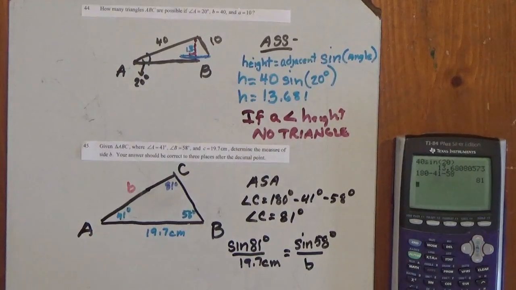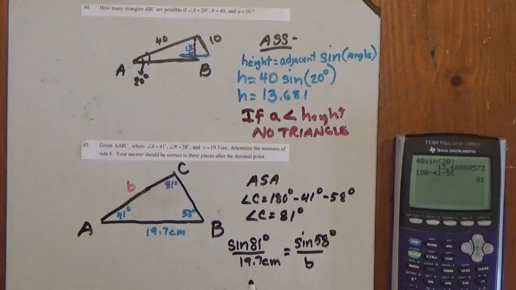We're going to solve for B, so we cross multiply. We can say B sine 81 is equal to 19.7 sine 58 degrees.